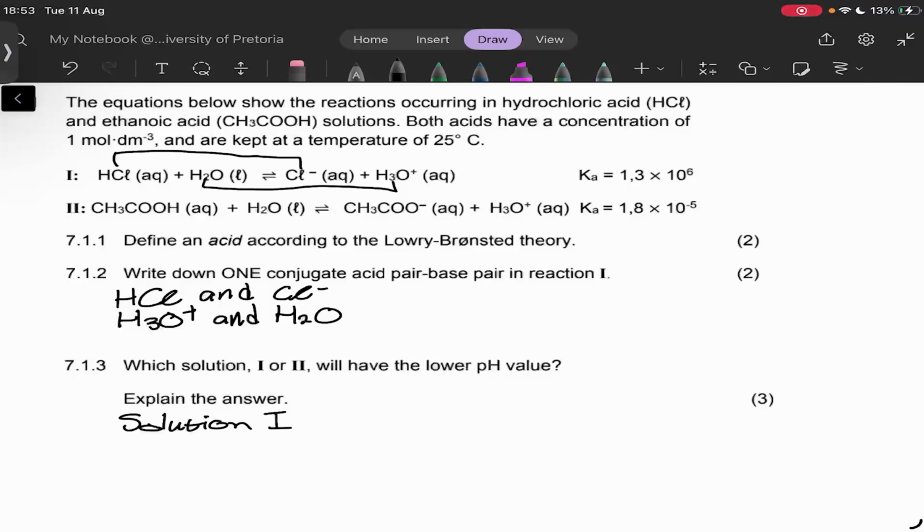If you look at the 10 to the power over there, you'll see that Ka for hydrochloric acid is to the power of 6, whereas for ethanoic acid, it is to the power of -5. So we see that solution 1 has the higher Ka value. So let's go through the reasoning here. You get 1 mark for the correct answer. Our other marks will come from stating that HCl is a stronger acid.